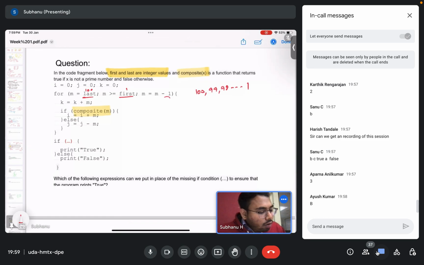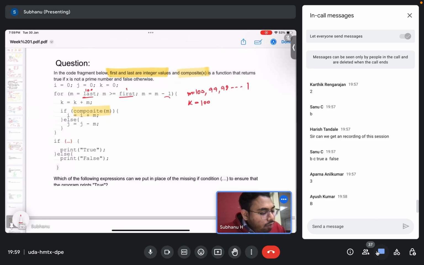Then it will do k is equal to k plus m. k will start from 0. This is the value of m and this is the value of k. So k is 0, plus m, which is 100.